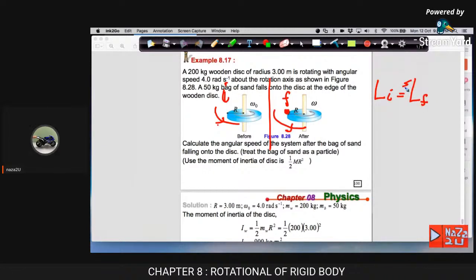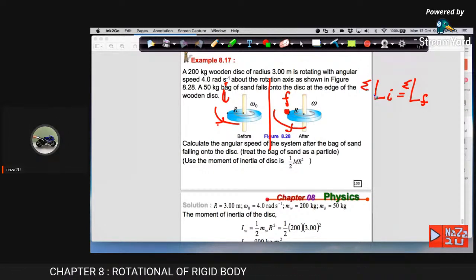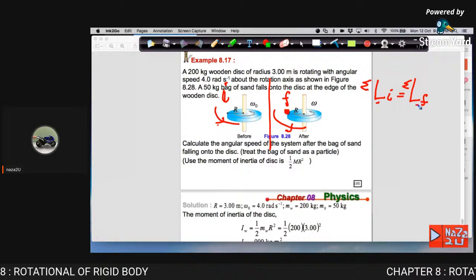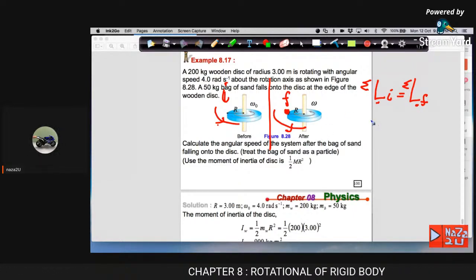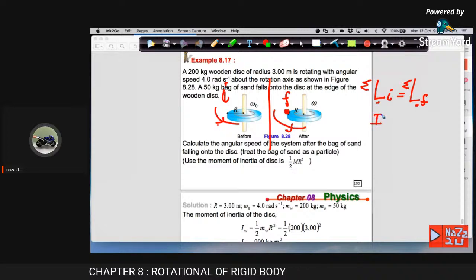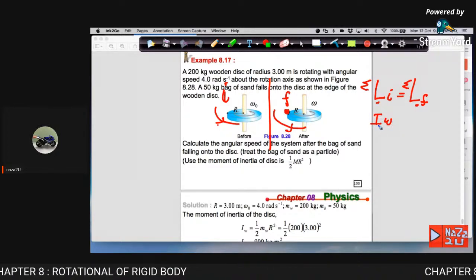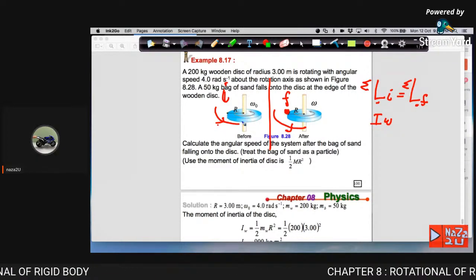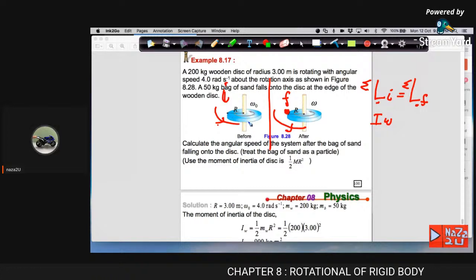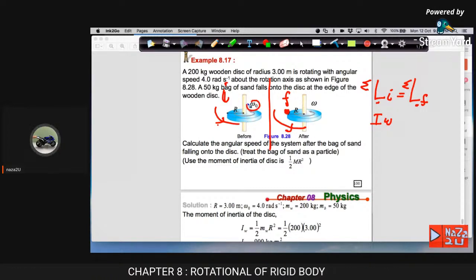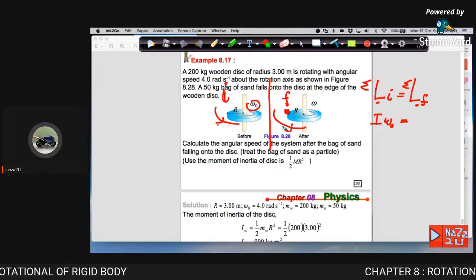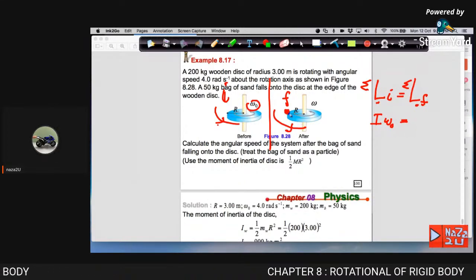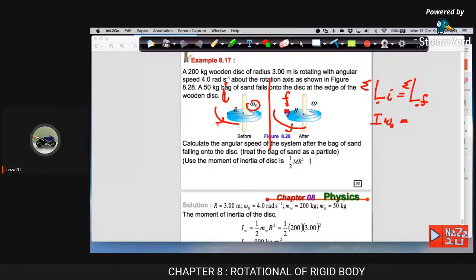Dan dia adalah total jumlah angular momentum sebelum sama dengan jumlah momentum selepas. Kalau sebelum, dia cuma ada ini saja kan. So maksudnya I omega. So I dia maksudnya initial untuk disk, dengan omega naught. This is omega naught.